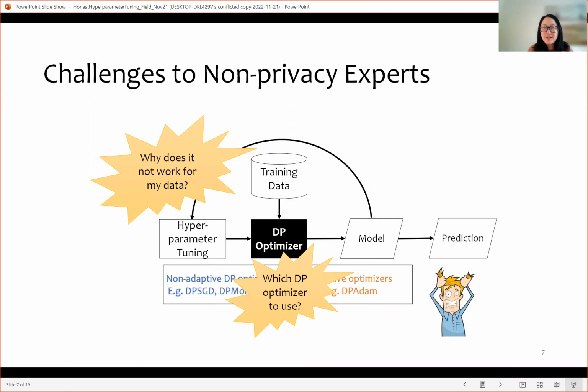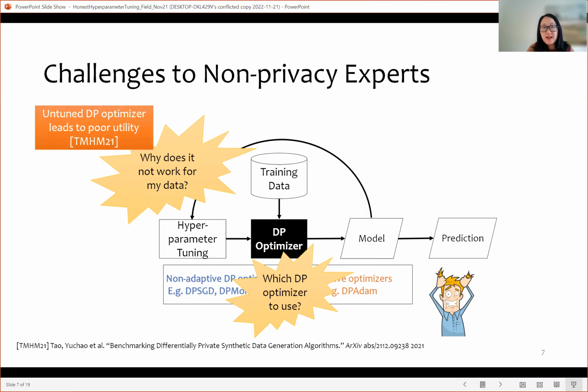It has a similar reason as in the non-private setting. The quality or performance of the optimizer greatly depends on the choice of the hyperparameters. For a differentially private optimizer, if we don't tune the hyperparameters to the best or close to the best, we can get really poor utility as well.